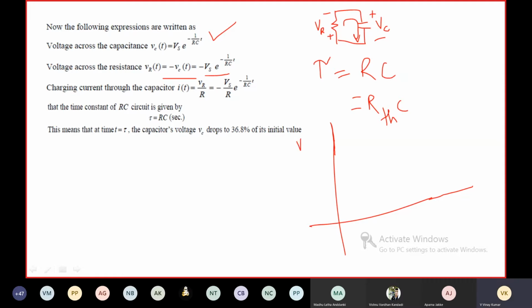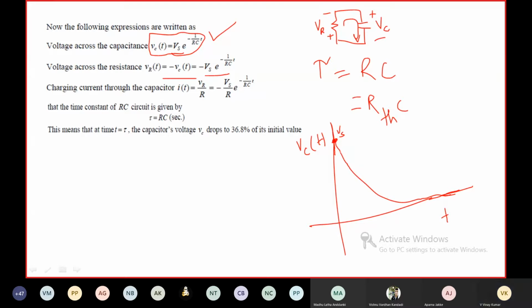Let me draw the graph for Vc of t versus time. With respect to time, what will Vc of t be? Initially, the voltage across the capacitor is Vs. This is the expression for Vc of t. Then it decreases exponentially like this, and finally reaches 0 when time approaches infinity.